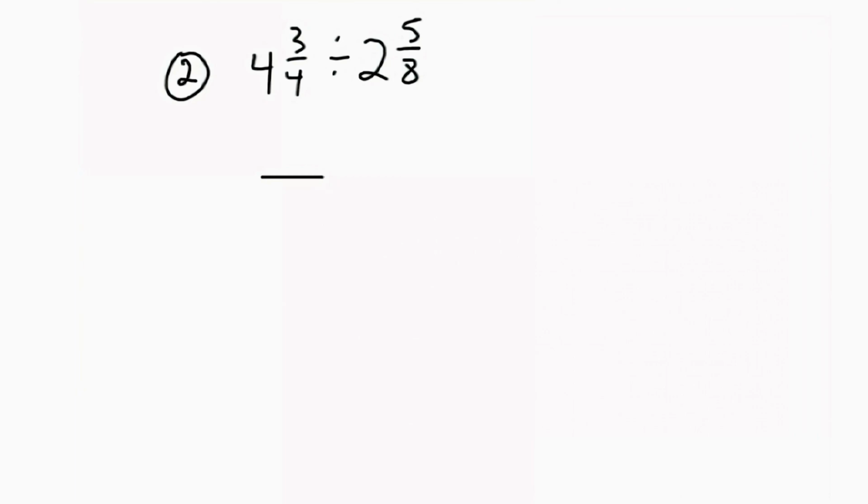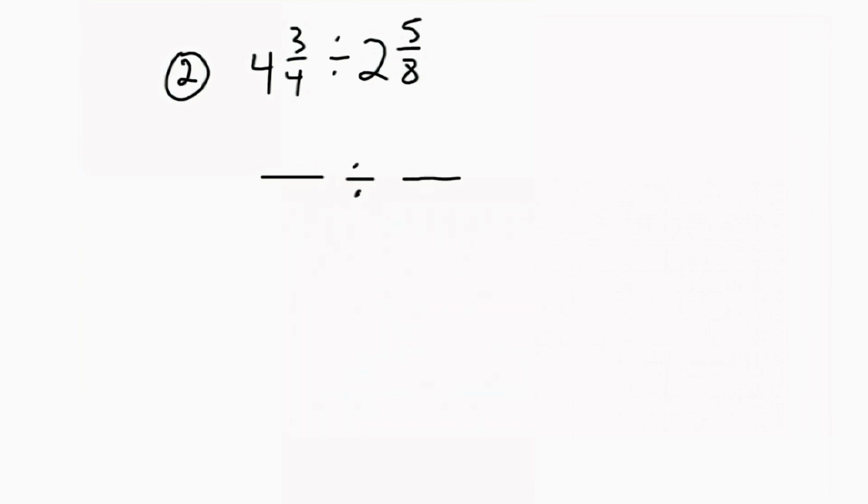If we look at another example, this one will involve division. If we have 4 3/4, we're going to divide that by 2 5/8. Again, what we need to do here is convert both of them into improper fractions first.